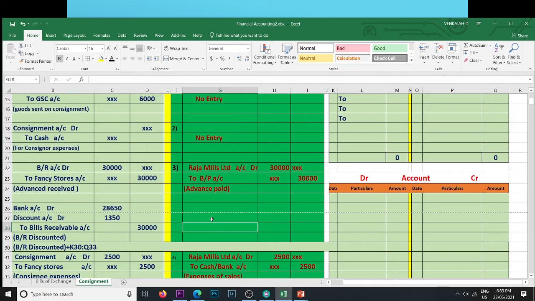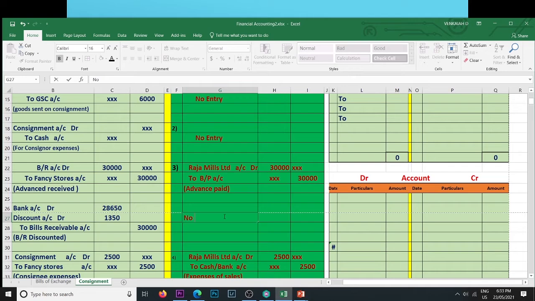So bill is discounted. No entry in the books of consignment.